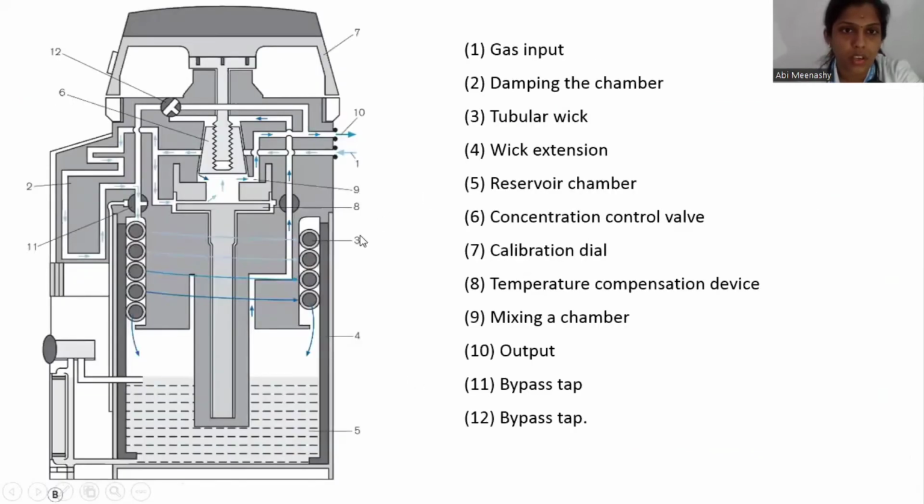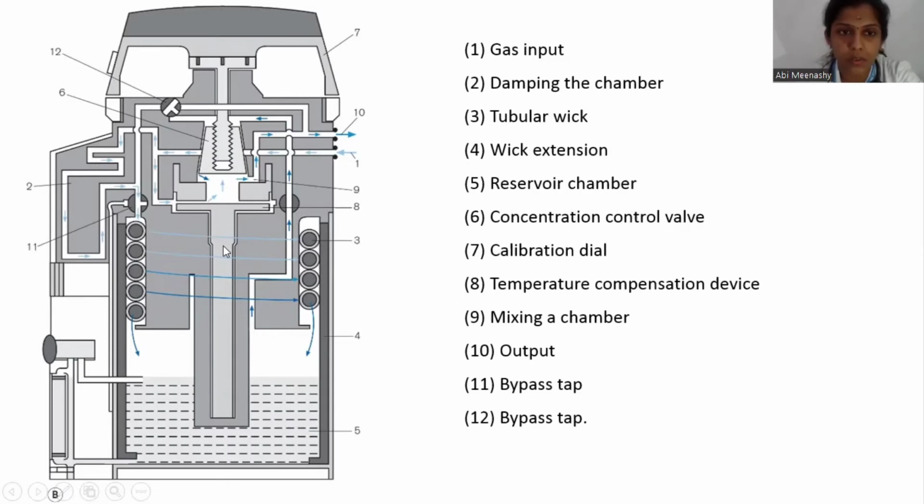Okay. In the cut section of the vaporizer, you can see one is your gas input. Your fresh gas flow comes like this, goes like this. 2 is your damping chamber. That is just for elongating the passage of flow. 3 is your tubular wick.